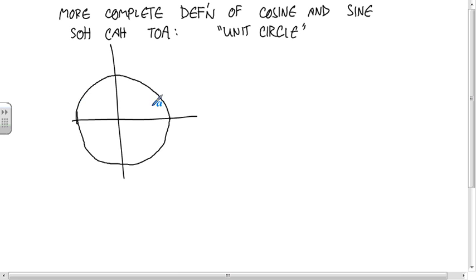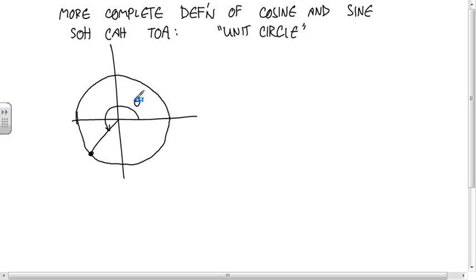Okay, so you measure your angle counterclockwise from the positive x-axis, or clockwise from the positive x-axis and call it a negative angle. So let's say that this is the point that we're interested in. Measure your angle theta this way.